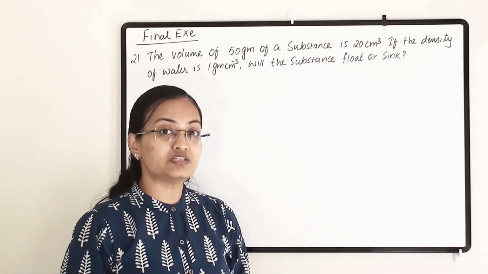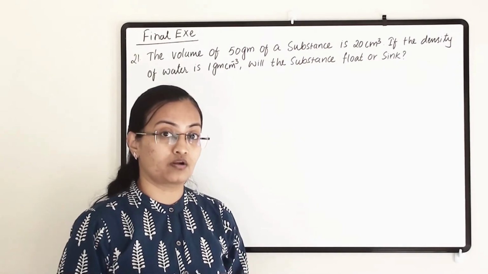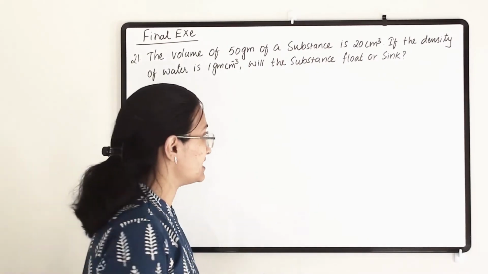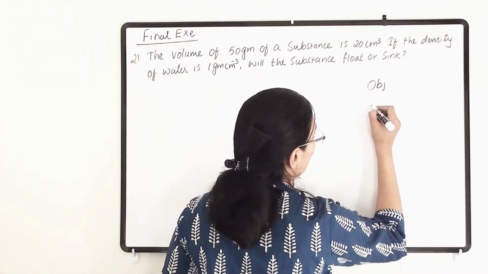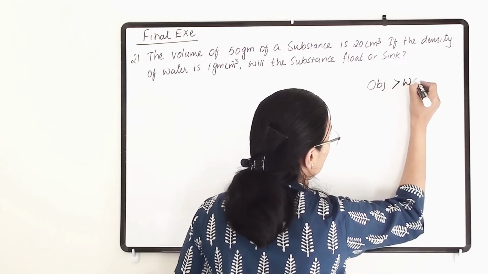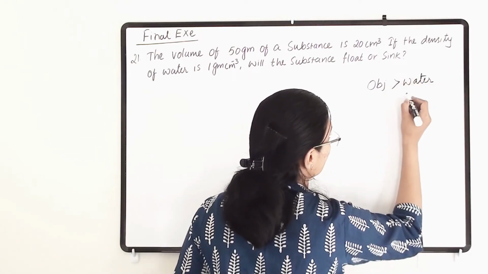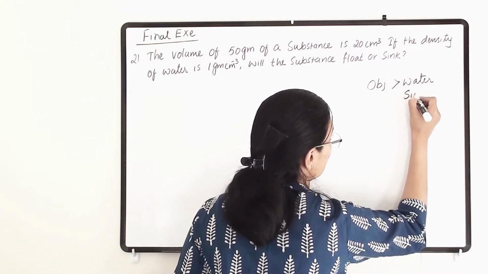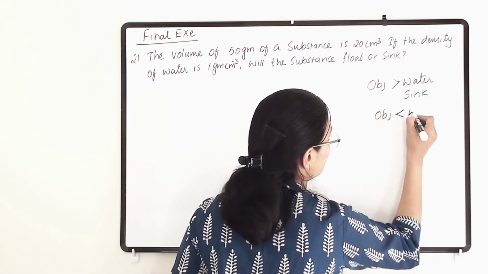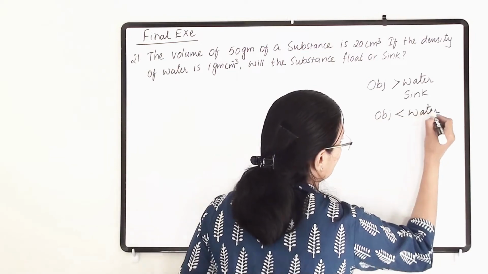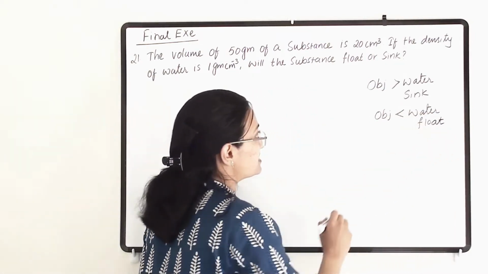And if the substance density is more compared to water, then it will sink. Here we will write object. If object density is more than water density, then it will sink. And if the object's density is lesser than the water, then it will float on the surface.